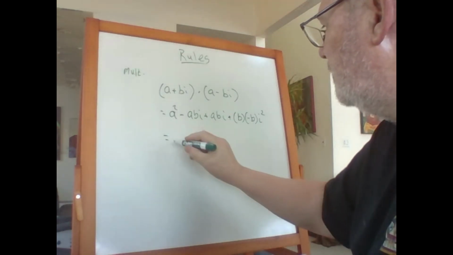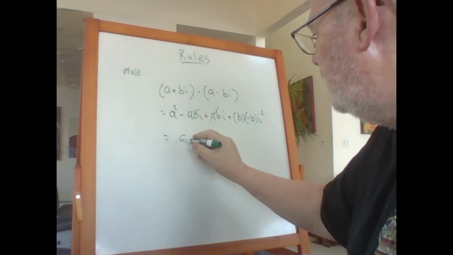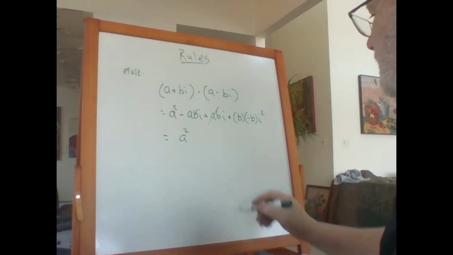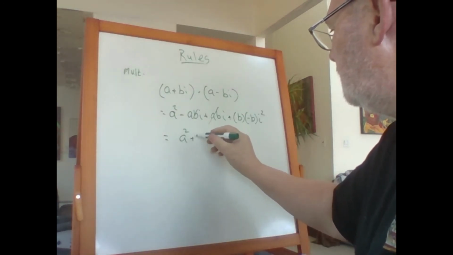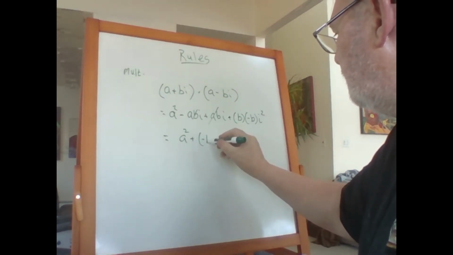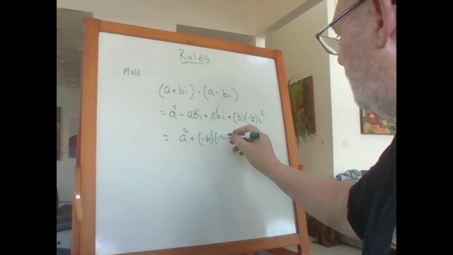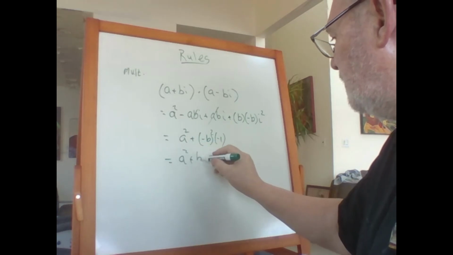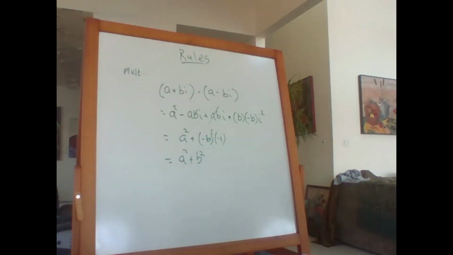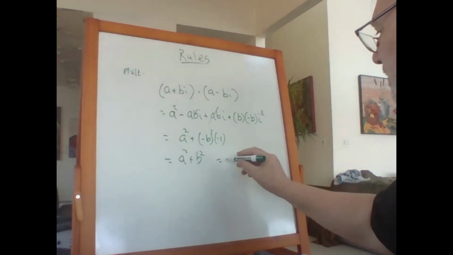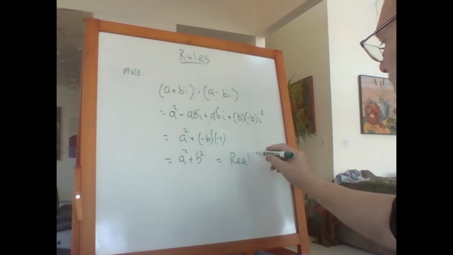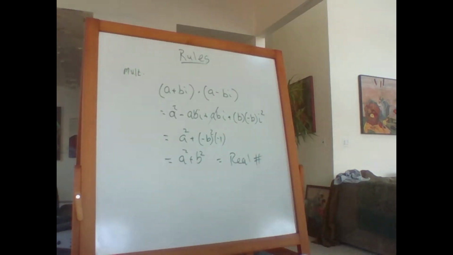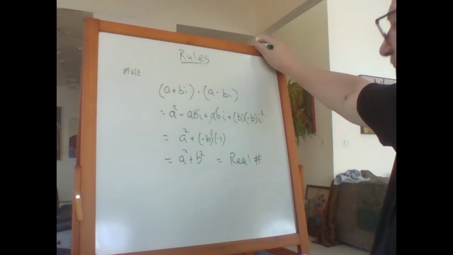So that's equal to a squared plus negative b squared times negative 1. So it's a squared plus b squared. And that's a real number. And that can be useful to us, especially when it comes to division.